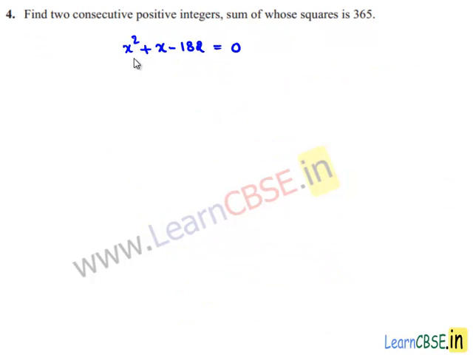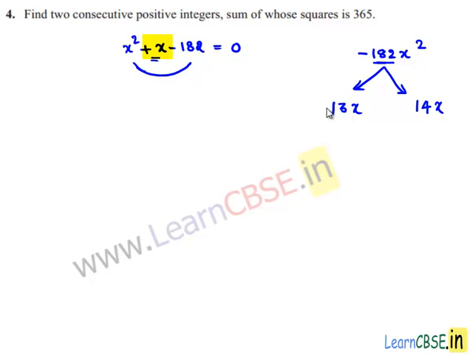Now the product of the first and last terms is minus 182 x square. So we need two terms such that their product must be equal to minus 182 x square and their sum must be equal to plus x. Let us take 13x and 14x. 13x multiplied by 14x is plus 182 x square, but here we have minus 182 x square.